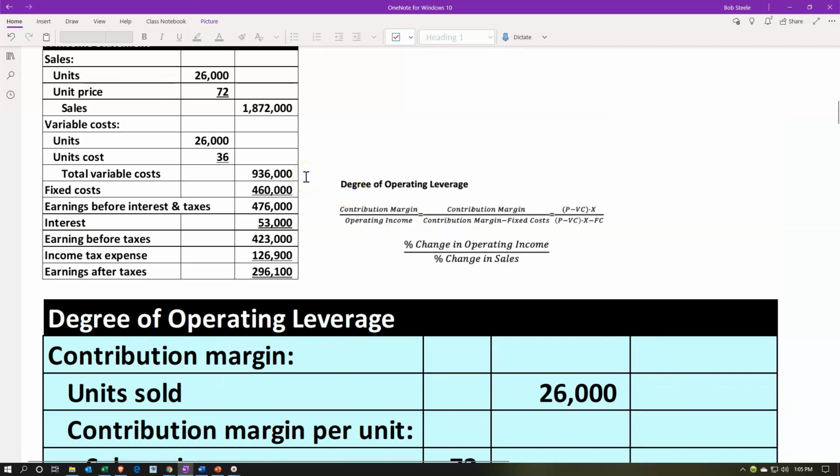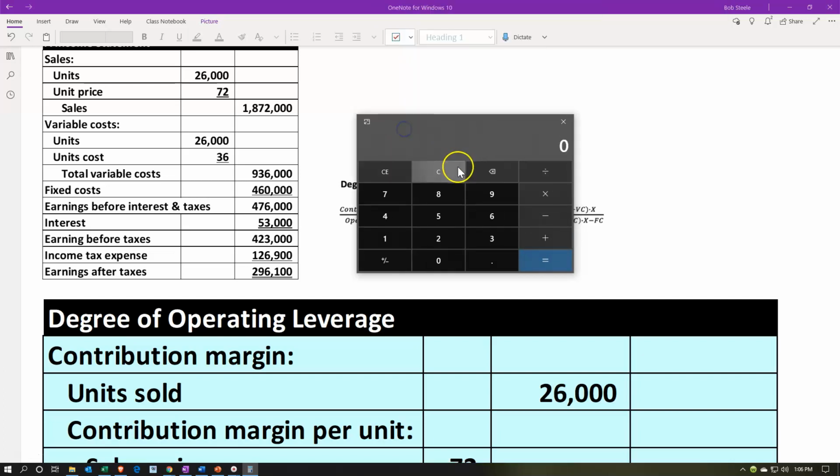The total variable cost happens to be the same, but the contribution margin could have been calculated directly on our contribution margin income statement by taking the sales total, 1,872,000, minus the variable cost, 936,000, which would be that 936,000.